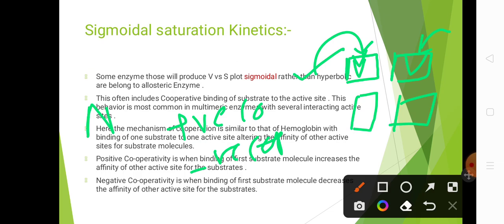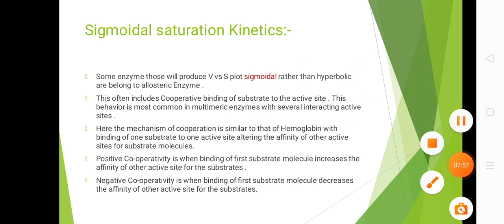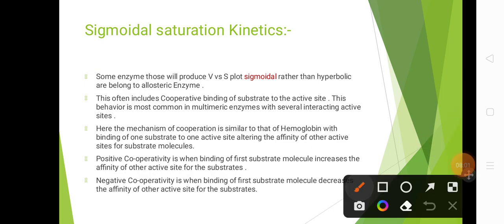Positive cooperativity occurs when the binding of one allosteric regulator on one binding site or one active site will induce conformational changes in the other active site that will increase the affinity of the active site for the substrate. If we try to simplify this, the idea is very simple. Let's go back to our hemoglobin example. Hemoglobin is multimeric, we all know.